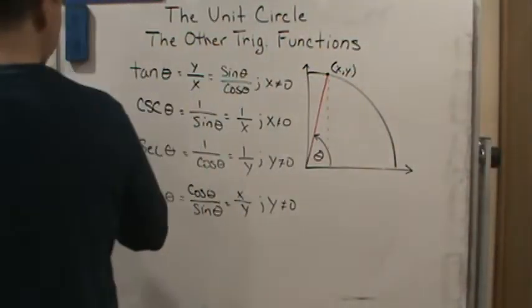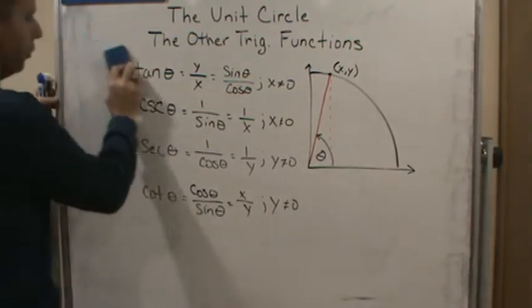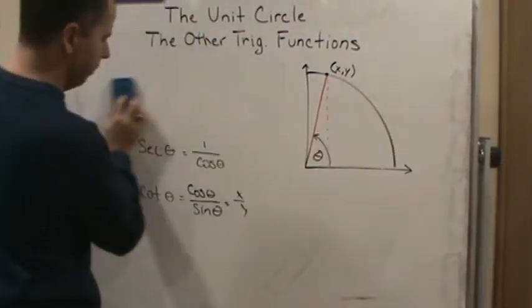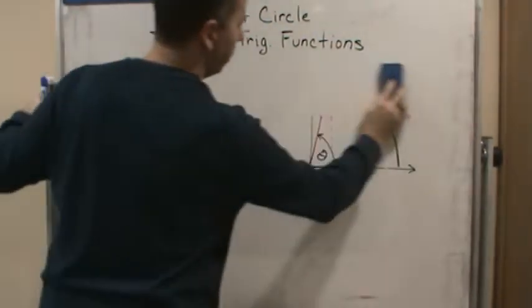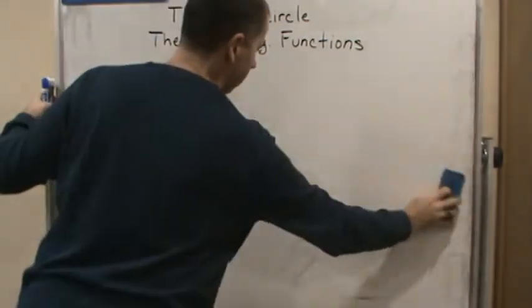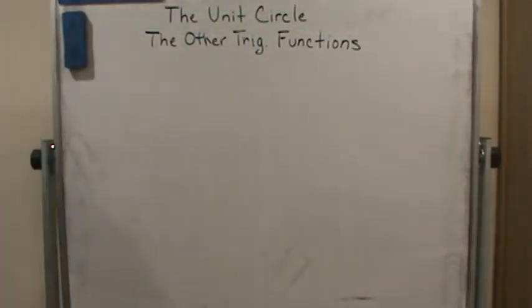Okay, so now here's the example that we're going to do, and we're going to use the trigonometric functions to help us out. It says, take this point on the unit circle.